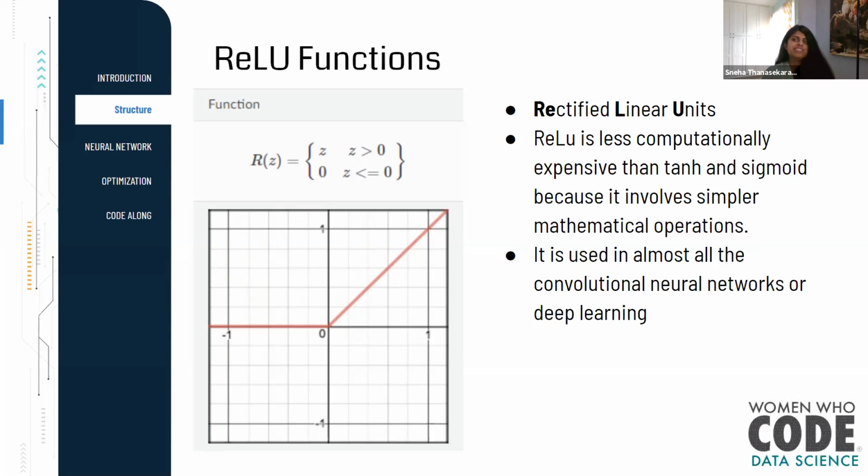And this creates dead neurons. And that is where modified versions of ReLU come into play. You can learn more about it in other tutorials. And despite that, ReLU is the most used activation function right now.